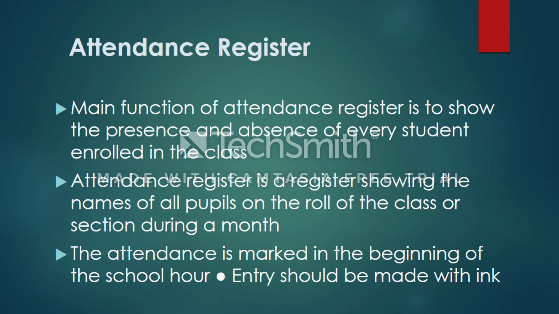Attendance register is a register showing the names of all pupils on the roll of the class or section during a month. Means it shows the names of the students, roll number wise, and who attended the class during the whole month and who did not, that is also counted.